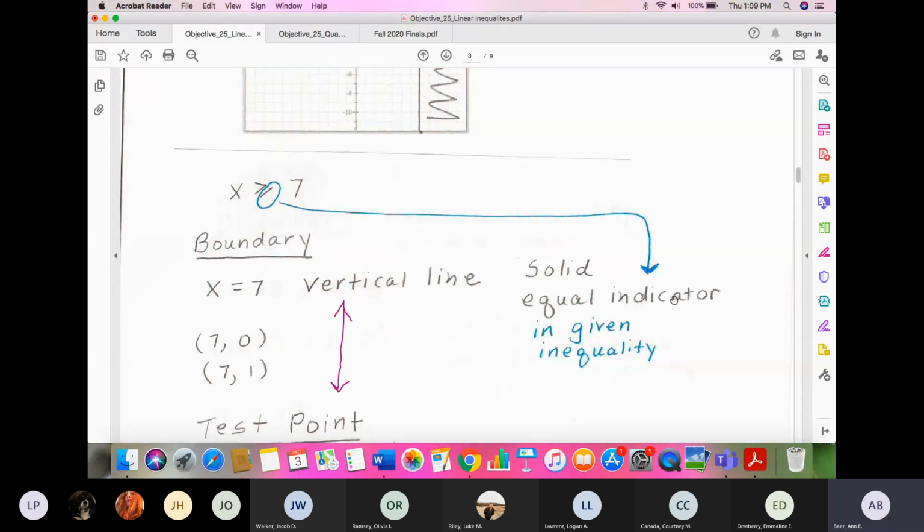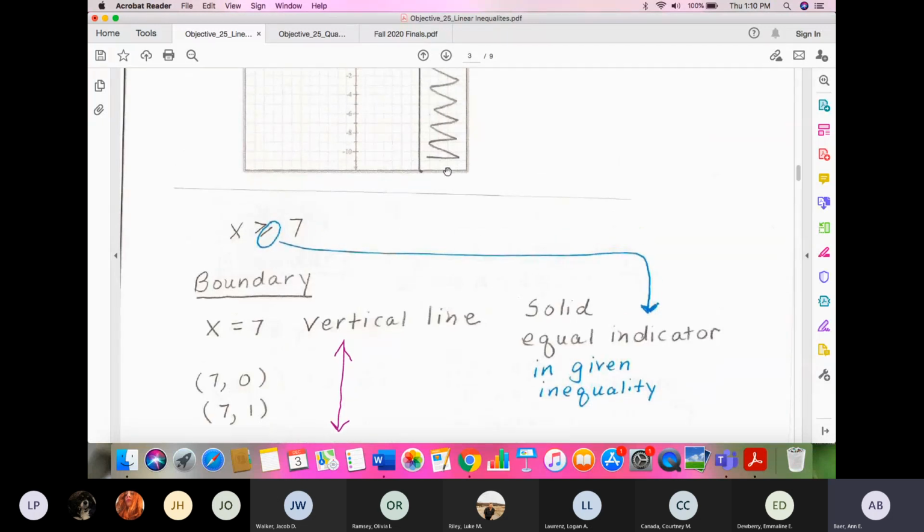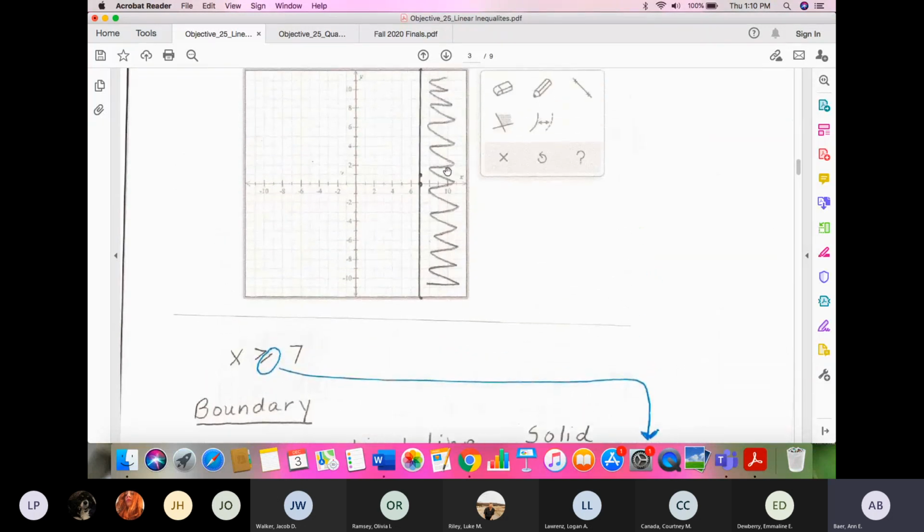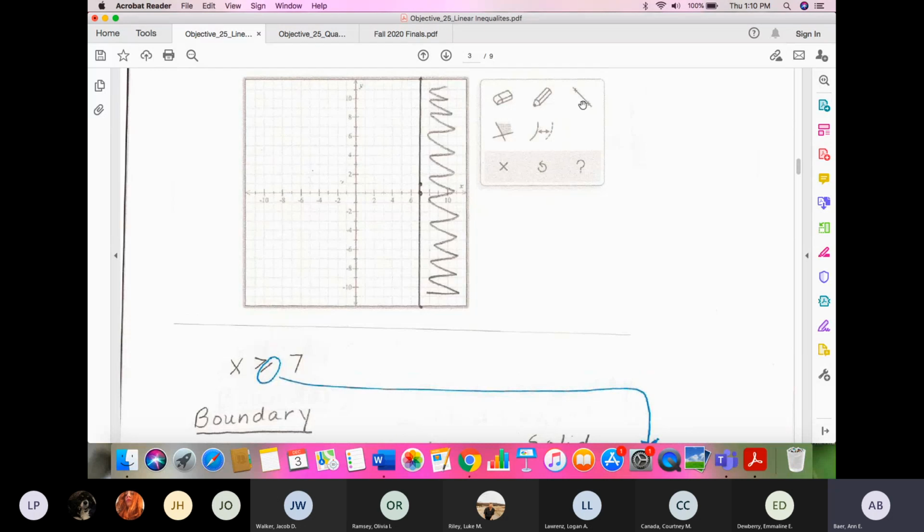So we want to graph our line as solid, not dashed, because you've got one piece of the equal sign right there. So we're going to graph a solid line. We click on this point, click on this point, and it will draw the graph for you.